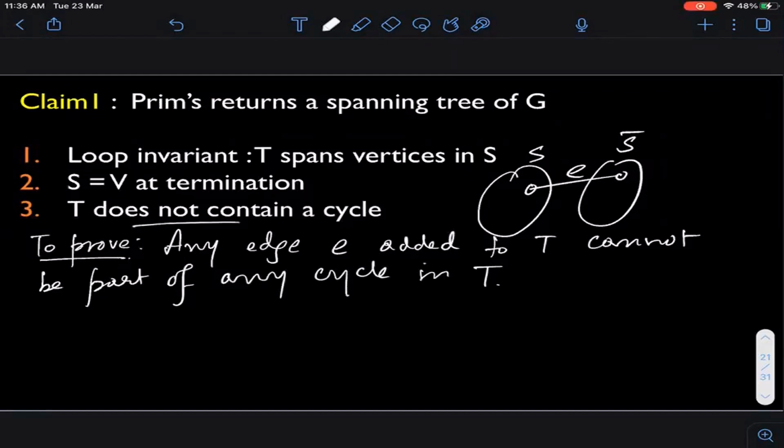Because this looks like a more intimidating thing to prove, let's break it down. Let's take any edge that is being added to T. Let's think of any iteration. And I just want to claim that this edge cannot be part of any cycle in the graph T, remember, not G. In G it could be part of a cycle. But why can't it be part of a cycle in T? So how exactly do you apply the lonely cut lemma? Which is the certifying cut that proves that this is actually a lonely edge?